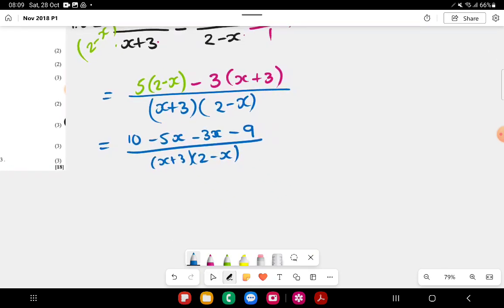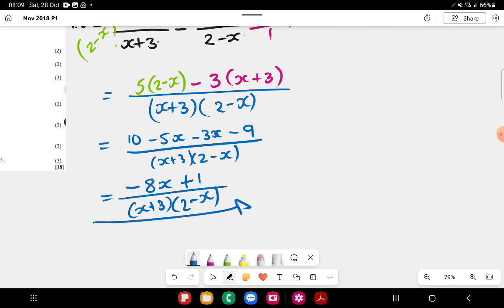Now I simplify further and I say 10 minus 9 is 1, minus 5x minus 3x is minus 8. Now normally we write our variables before the constant, so I'm going to say minus 8x plus 1 divided by x plus 3, 2 minus x. And that's your final answer.